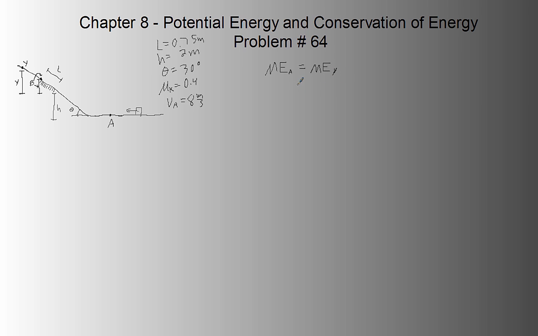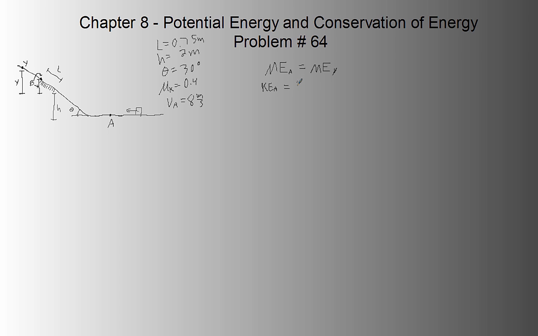So, what type of energies do we got at A? Well, we got some kinetic energy for sure. KE at A. And that's it. We'll say that this is the ground, this is the lowest point, so it has no gravitational potential energy. So that's it. And then once it reaches Y, that's where it's supposedly supposed to stop, if it can get past B anyway.